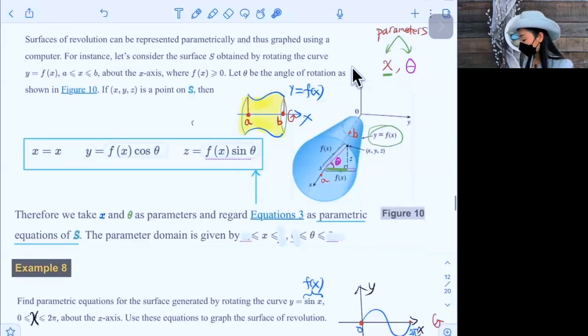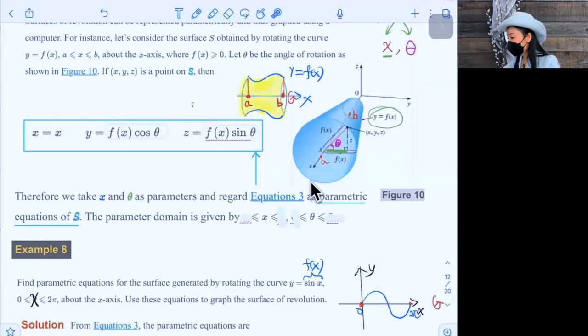Now we use the two parameters, x and theta. So x is x, y is f of x cosine theta, z is f of x sine theta. We're able to parameterize this surface over here.